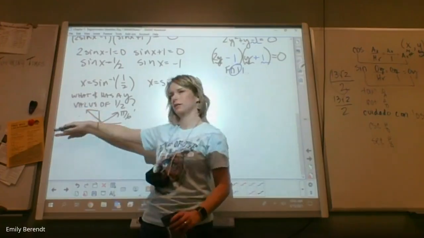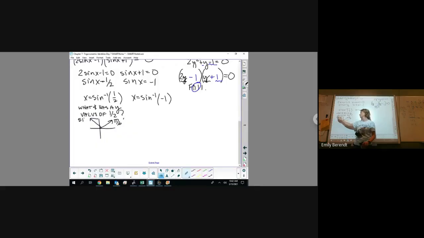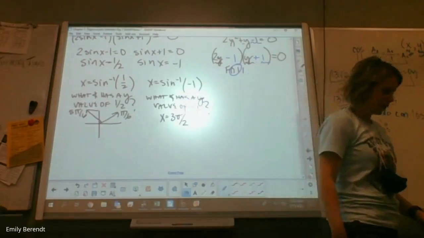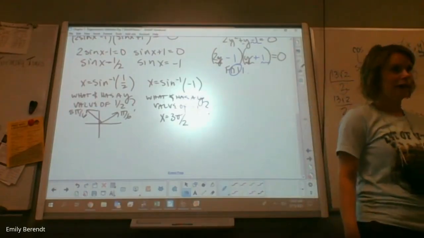One less 5 pi over 6. Over here, what angle has a y value of -1? How many answers did we get? We got 3.